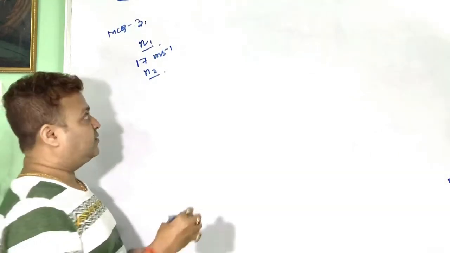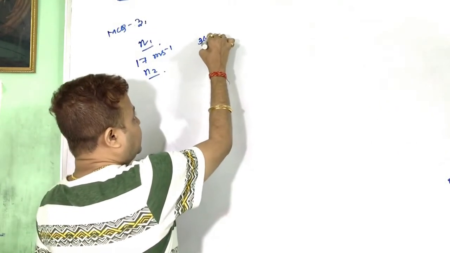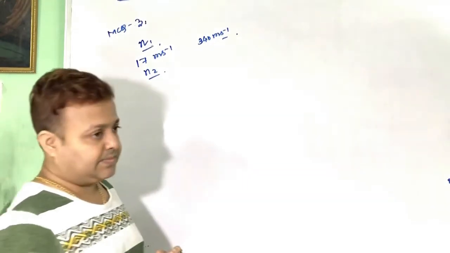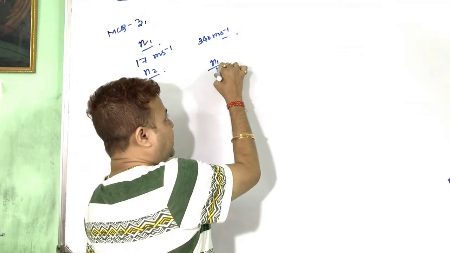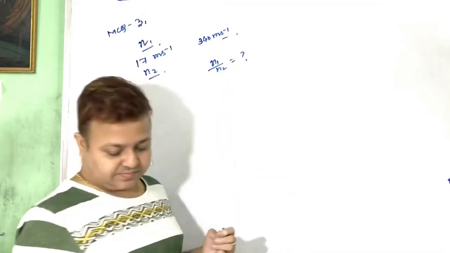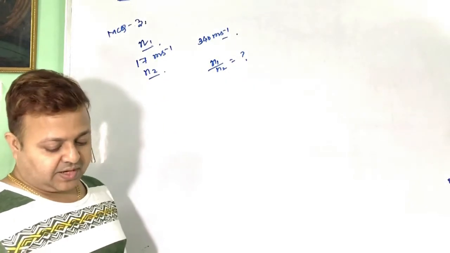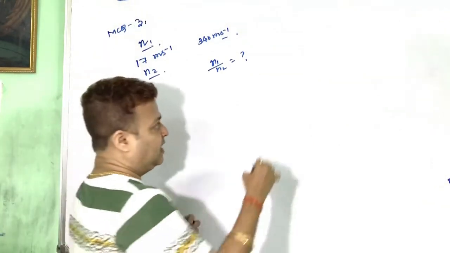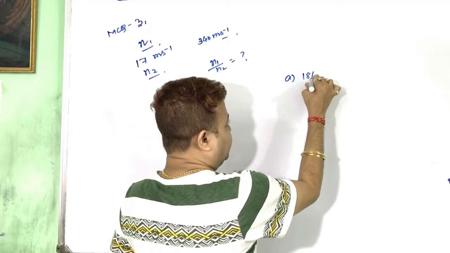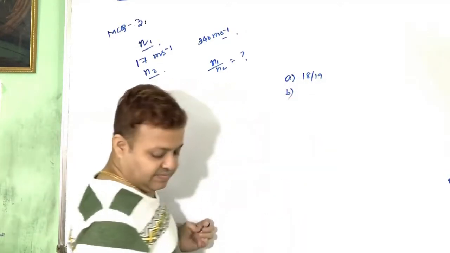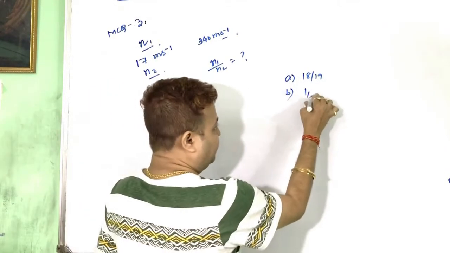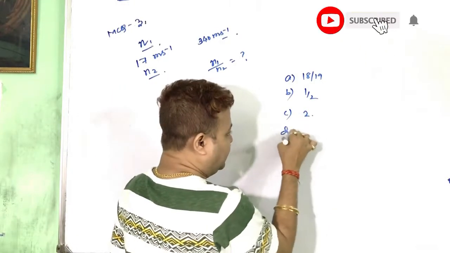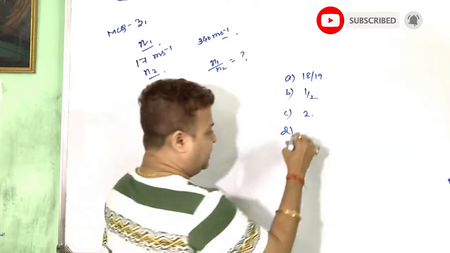If the speed of sound is 340 meters per second, then N1 by N2 is equal to: option A 18 by 19, B half, C 2, and D 19 by 18.